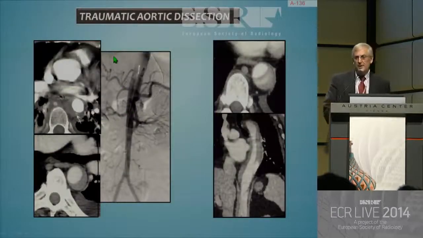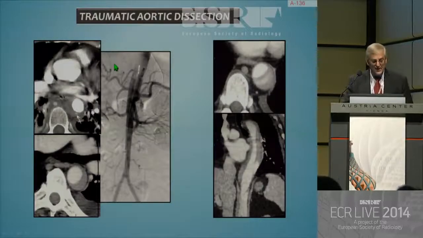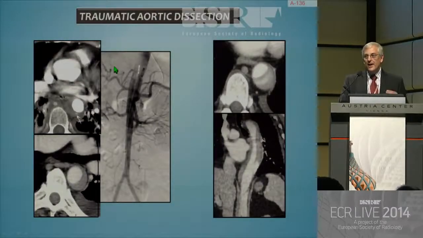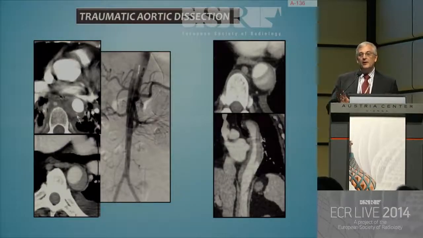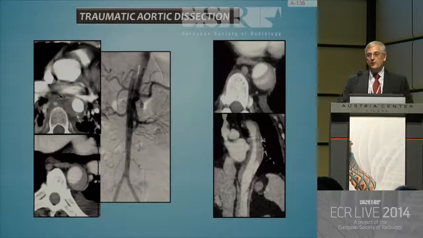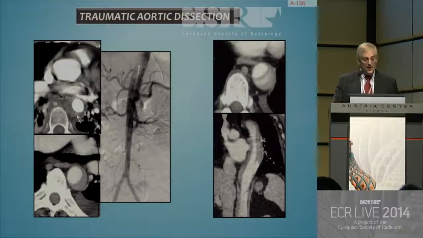The other thing we can see that isn't supposed to happen is a dissection, traumatic dissection of the aorta. People use this term incorrectly. They say the patient had a traumatic dissection. Most aortic injuries are just injuries. They're not dissections through the media. Okay? This, in fact, is a dissection of the aorta down the media.